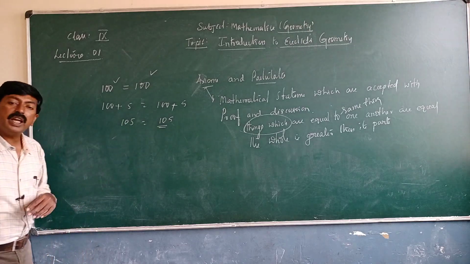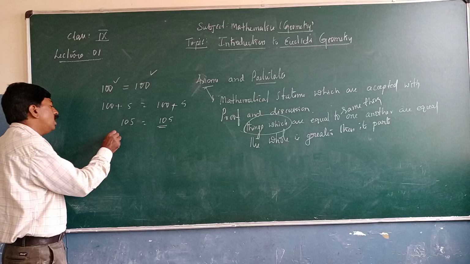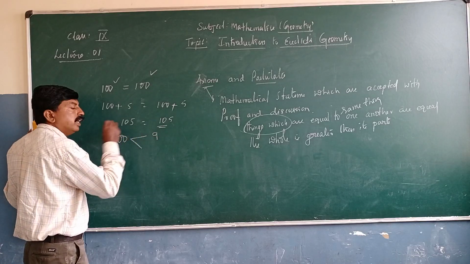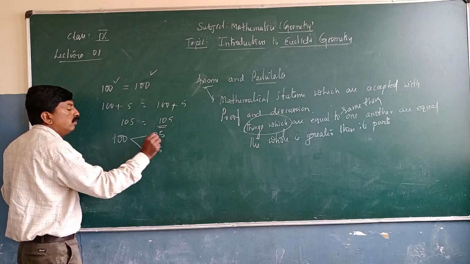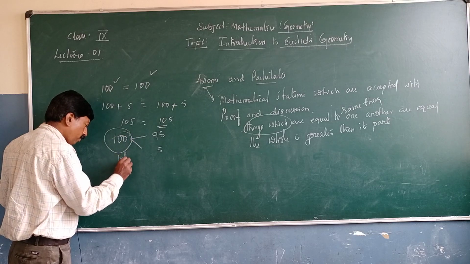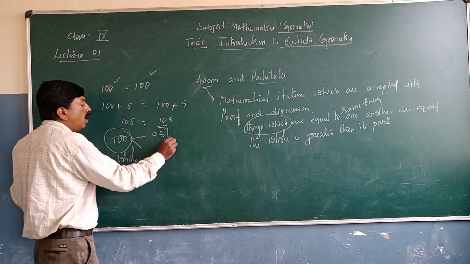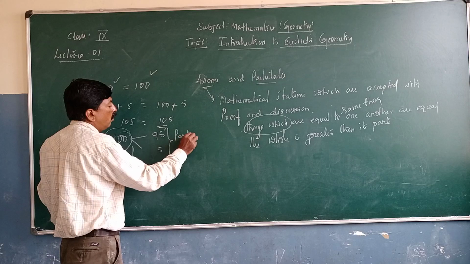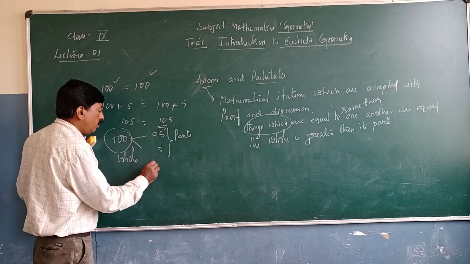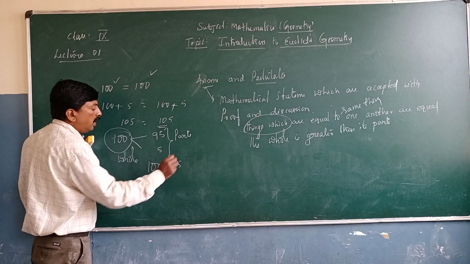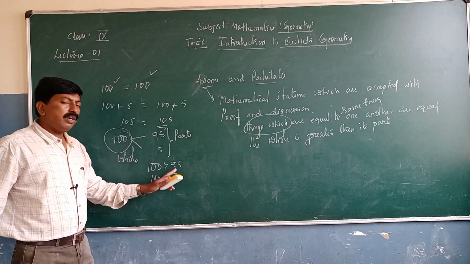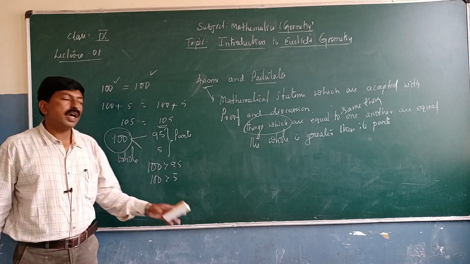Now, the whole is greater than its parts. Let us consider 100 rupees. 100 rupees can be written as 95 rupees and 5 rupees. Now observe, this is the whole. These two are parts of the whole. 100 is greater than 95, and 100 is greater than 5. 95 and 5 are the two parts of 100.